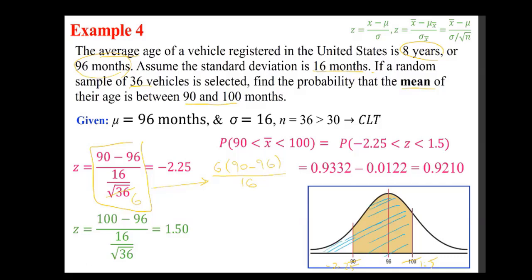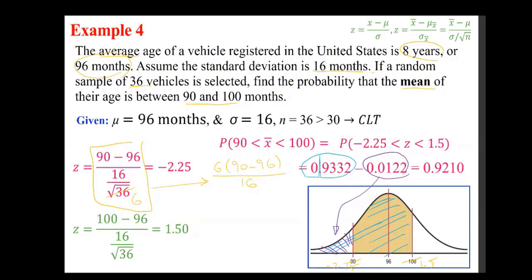This would be this number. This area would be this number. It's being subtracted from it. That's why, if we are using the table. And so what is the probability that the mean of their ages between 90 and 100 is 92.1%, okay, or 0.9210.